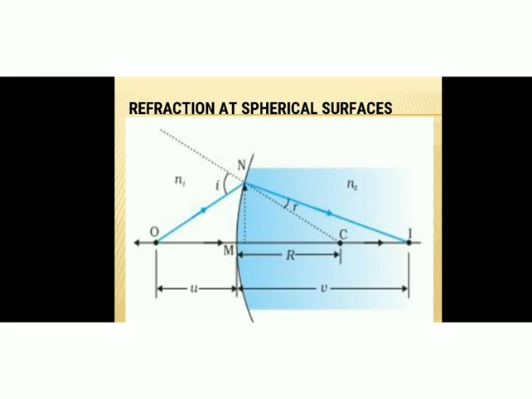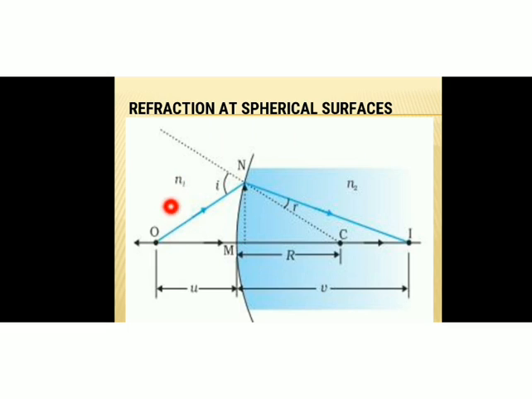Children, now we can discuss refraction at spherical surfaces. All of you can see the diagram on the screen. Using this diagram we are going to discuss refraction at spherical surfaces. On the screen you can see one spherical surface NM. O is the object and two media are here.